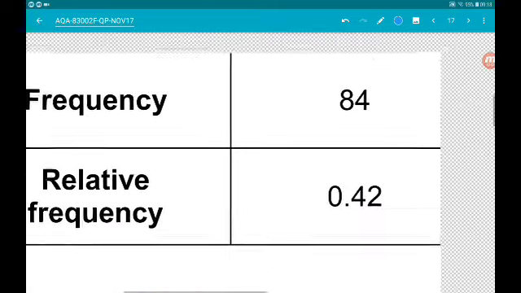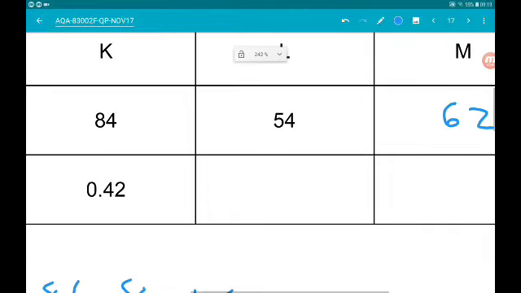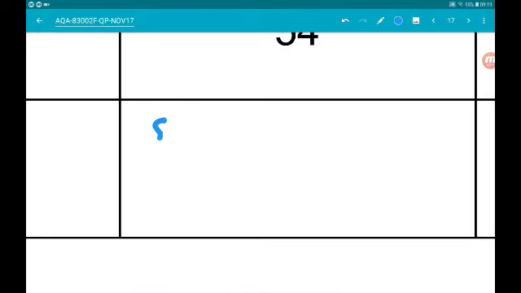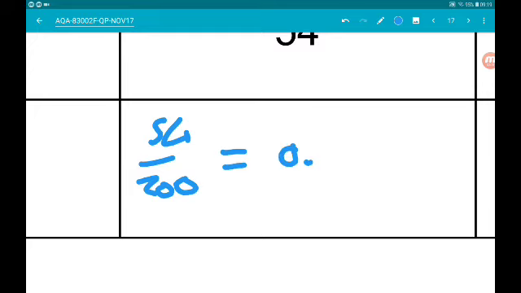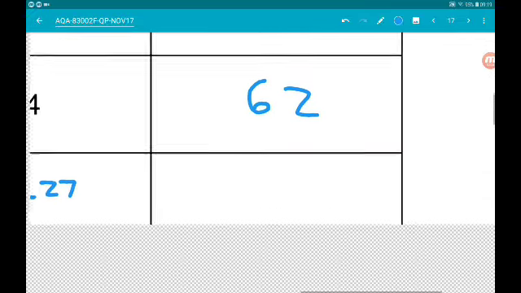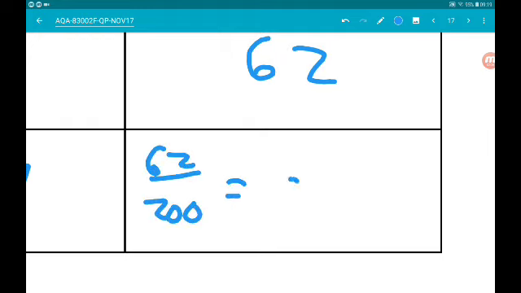So, for L, we would do 54 over 200, which gives us 0.27, and then for M, 62 over 200 is 0.31.